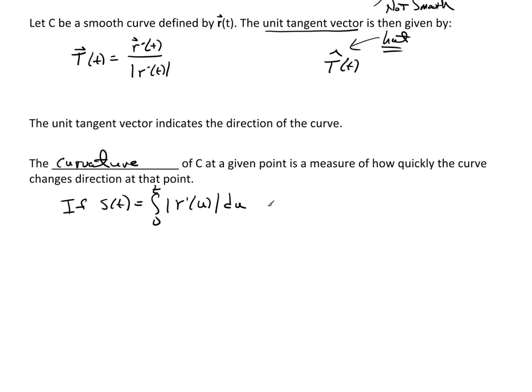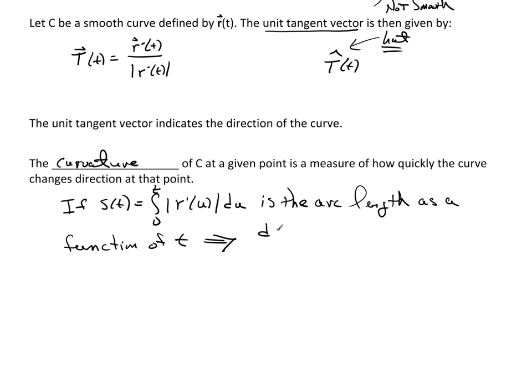So if this is the arc length as a function of t, then ds/dt, the derivative of this with respect to t, is equal to the magnitude of, well, that's actually going to be t now, r prime of t.